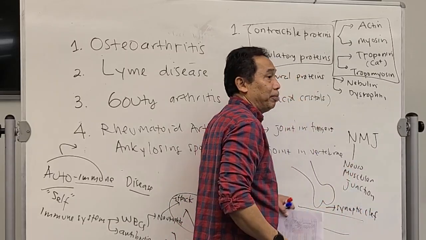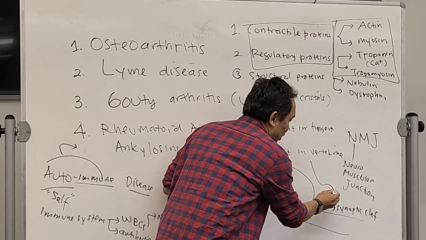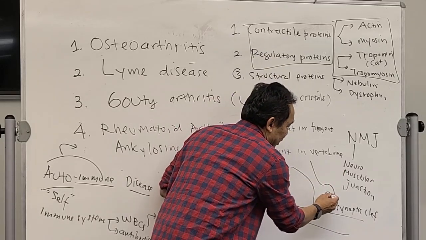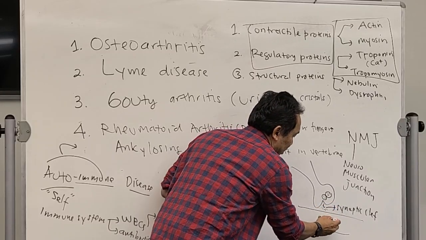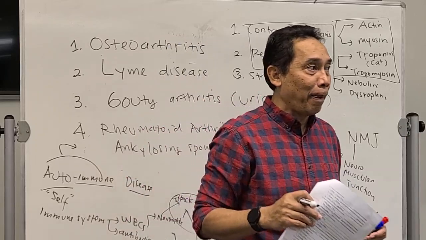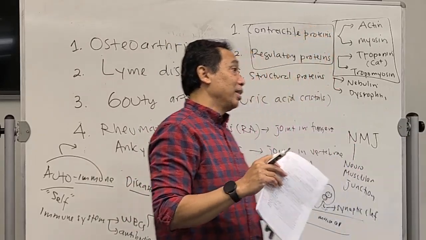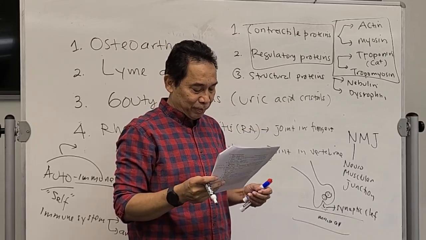That's what is called the NMJ, neuromuscular junction. What do you call the neurotransmitter that is released here? This is the muscle cell. What is the name of the neurotransmitter? Acetylcholine. ACh. Okay.